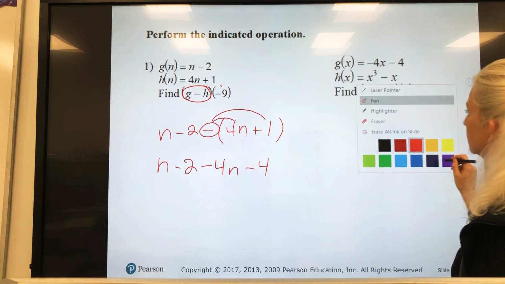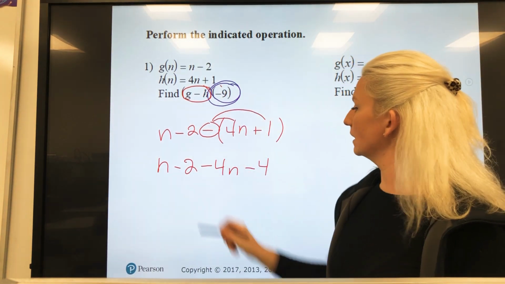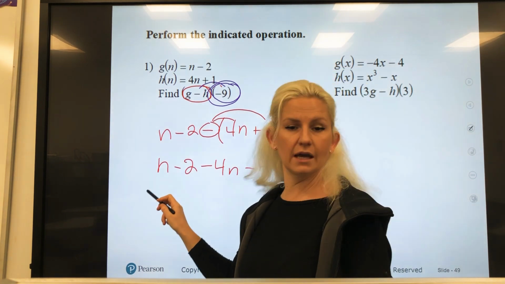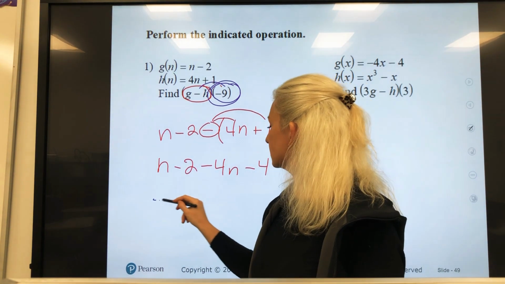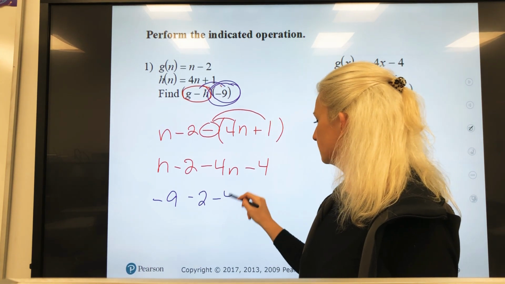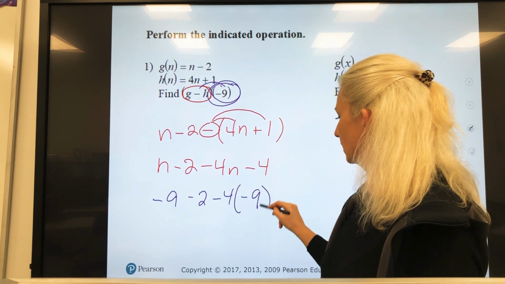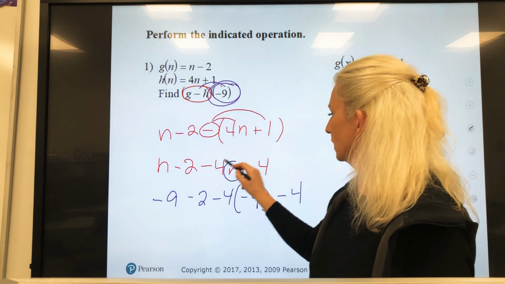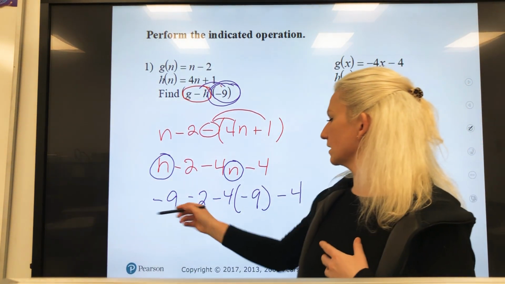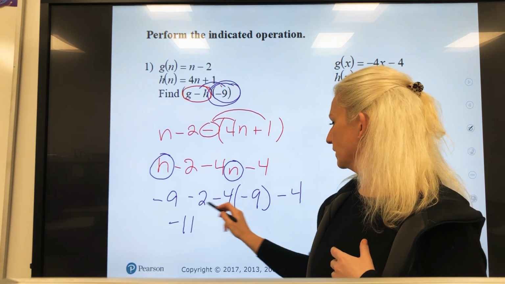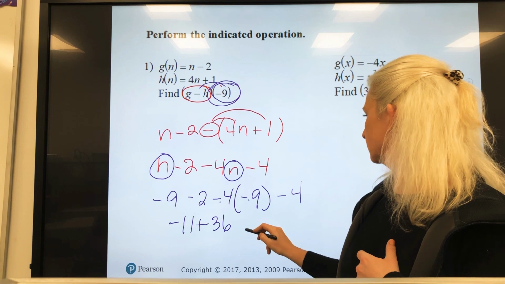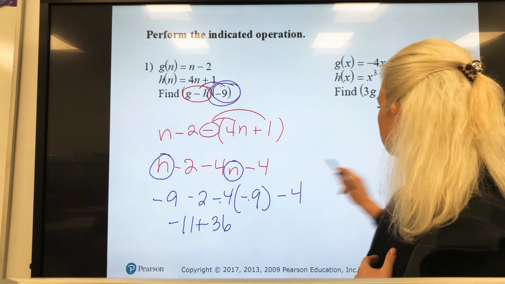So this right here is g minus h. Now I'm going to take this -9 and I'm going to substitute that into this, right? So wherever I see an n, I'm putting -9. So that's -9 minus 2 minus 4 times -9 minus 4. So I put a -9 here and a -9 there. All right, so then what does that give me? That's -11 here. This times this is a positive 36, right? Oh, I put a 4 here, I'm sorry.